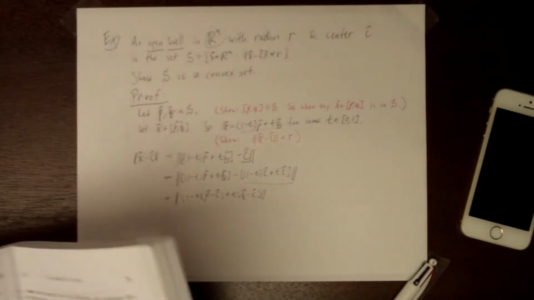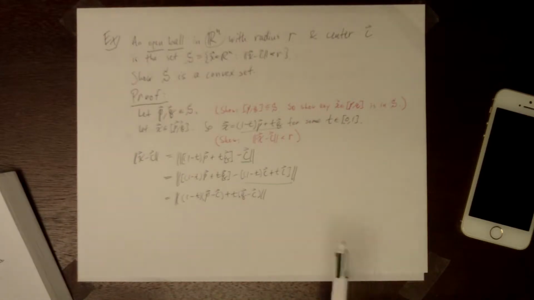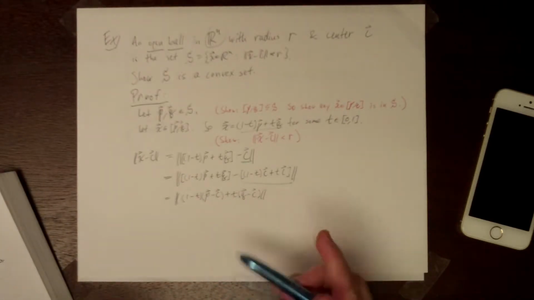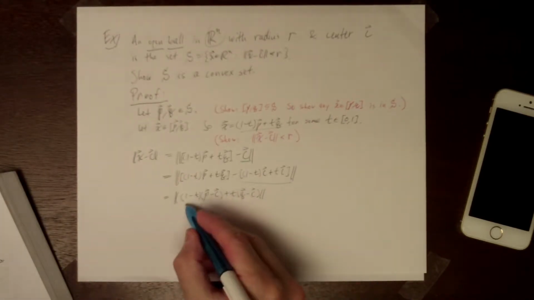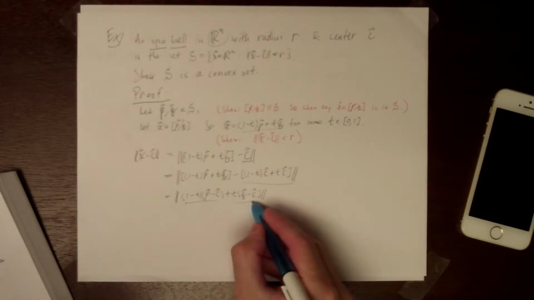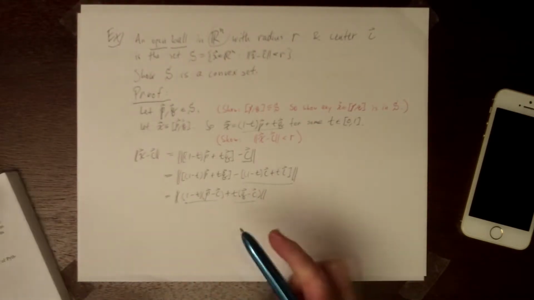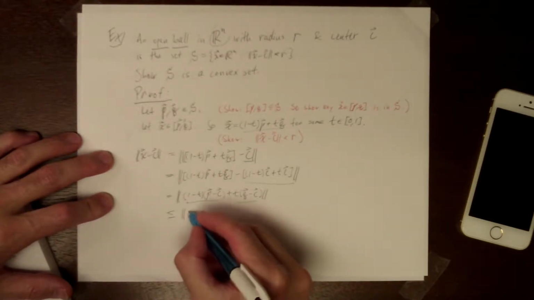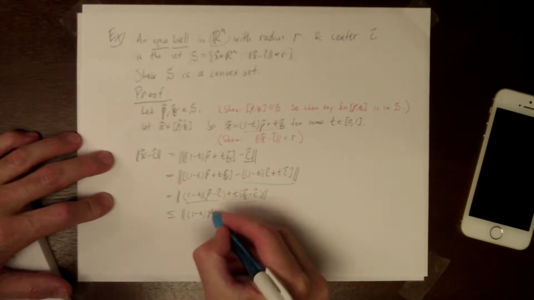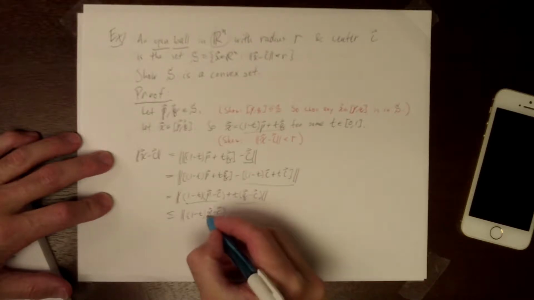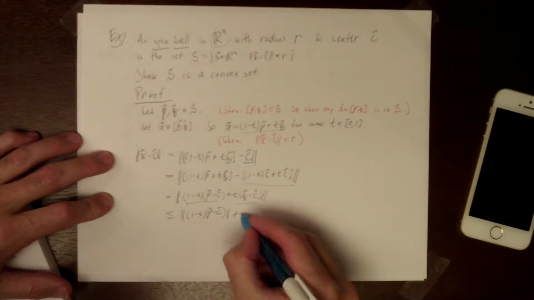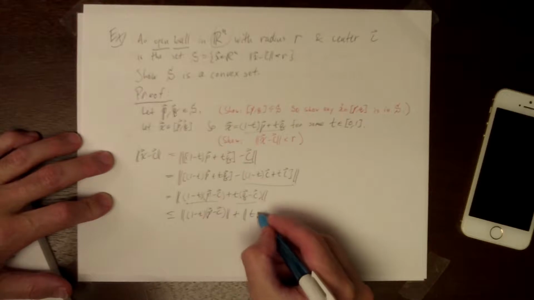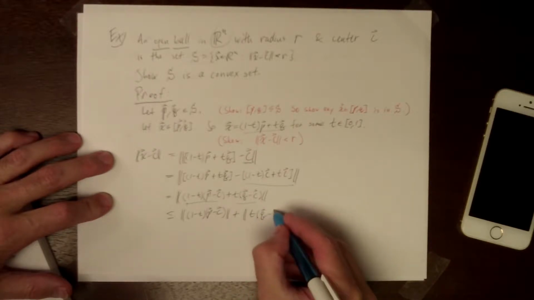All right, we're using that here. We have the norm of this vector plus this vector. By the triangle inequality, this is less than or equal to the norm of (1 minus T) times (P minus C) plus the norm of T times (Q minus C).